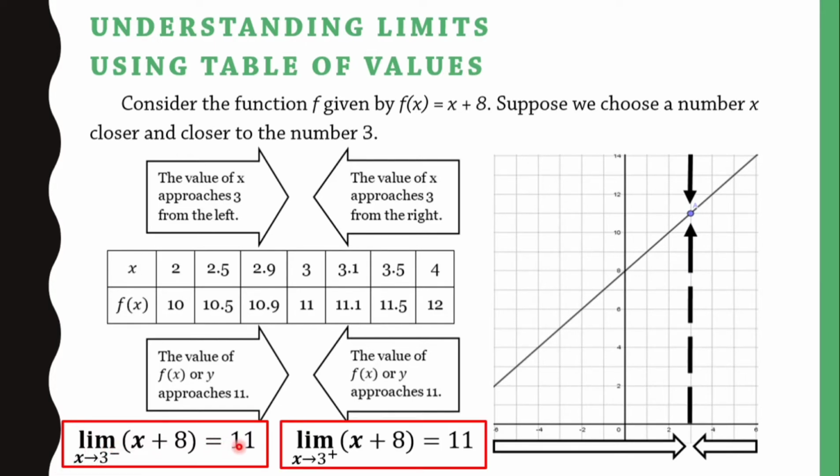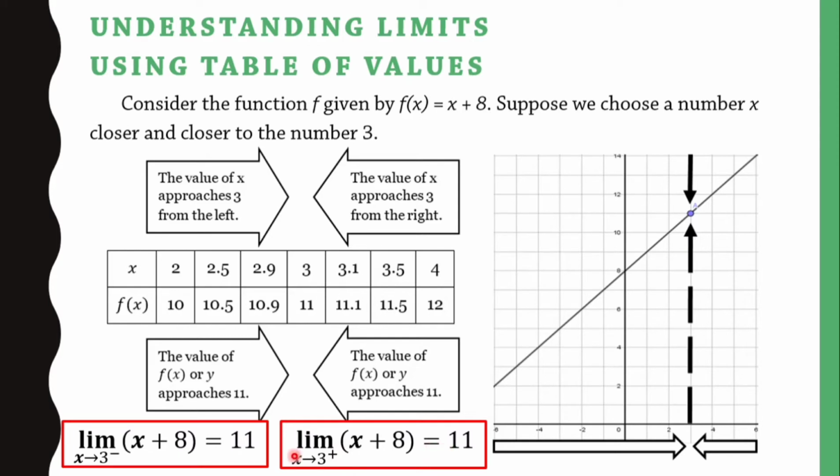The same way, the limit of x plus 8, this is our equation, as x approaches 3 from the right, which is symbolized by this plus sign above 3, is also 11.